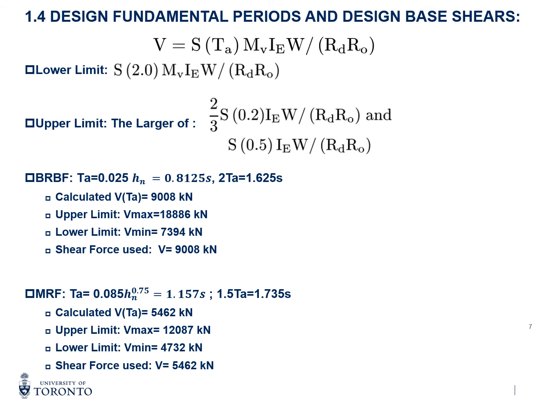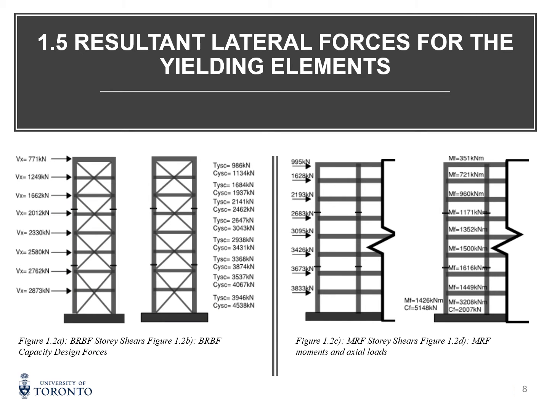The base shear for the BRBF system is 9,008 kilonewtons, and the base shear for the MRF is 5,462 kilonewtons. By applying the equivalent static force procedure, the shear forces acting on each floor are given on the slides.